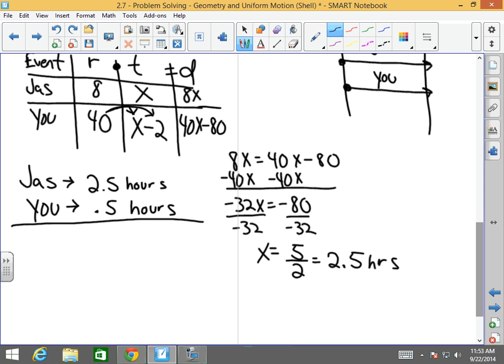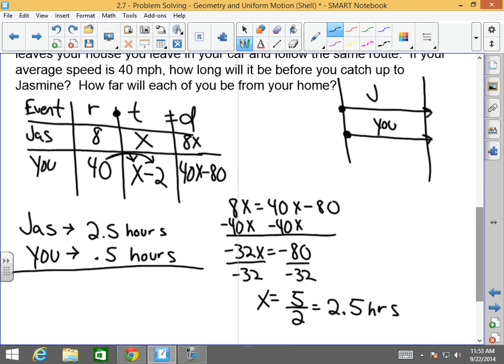The second part of this asks, please read carefully, how far will each of you be from your home? Well, we already know what x is, right? So Jasmine's distance, remember that's 8x, so that's going to be 8 times 2.5, which is 20 miles.